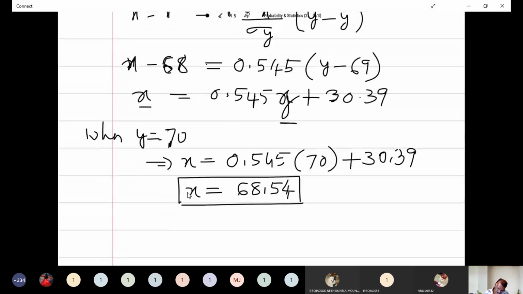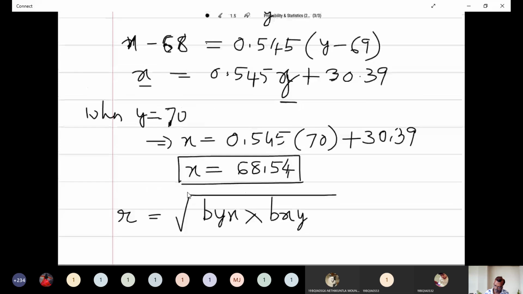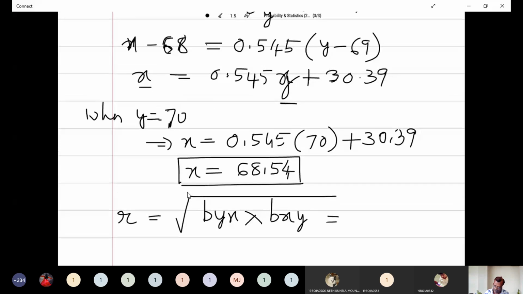Correlation coefficient r is equal to the root of regression coefficient y on x into regression coefficient x on y. That means we have to substitute the two values. What are the two values? 0.666 into 0.545.